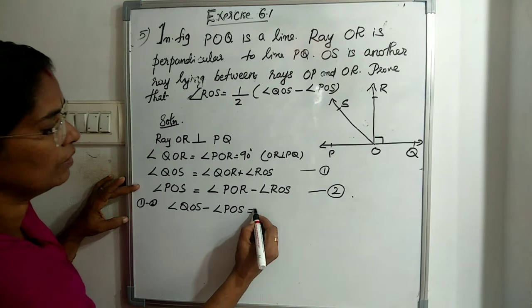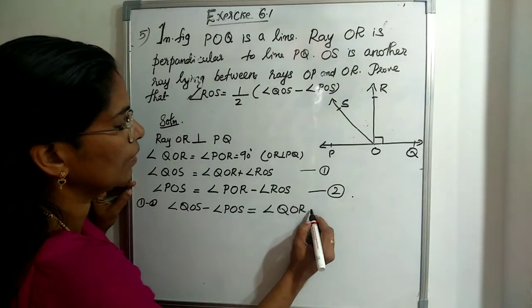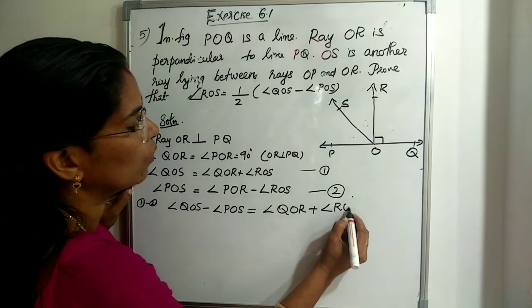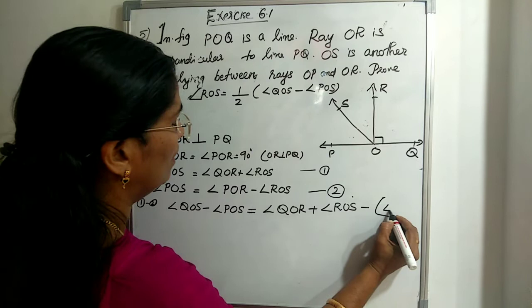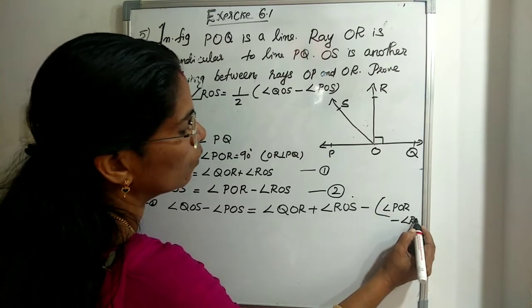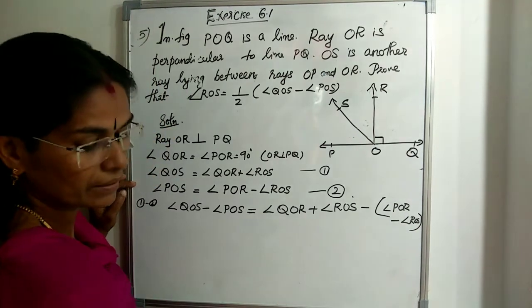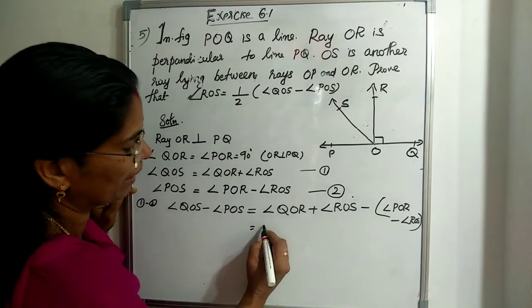Left side subtraction over. And right side it is angle QOR plus angle ROS subtract angle POR minus angle ROS. Here also subtraction. Here it is bracket, so you have to expand the bracket first.